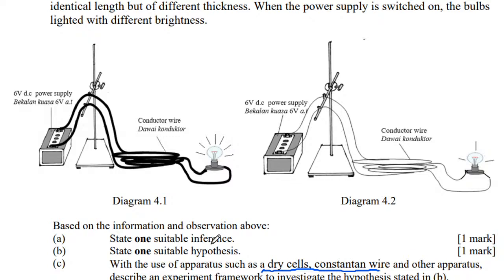Alright, so in this case, when you write your inference, you can use the word brightness. Okay, boleh, huh? So brightness for the inference. You can talk about brightness, you can talk about the resistance. Both will be accepted.